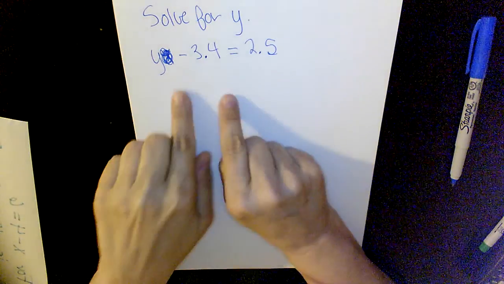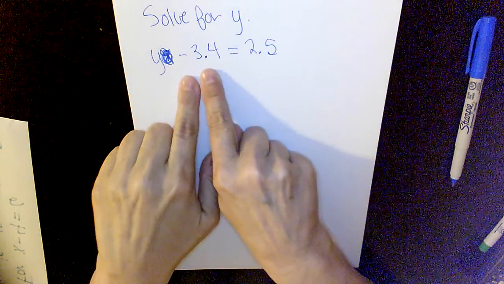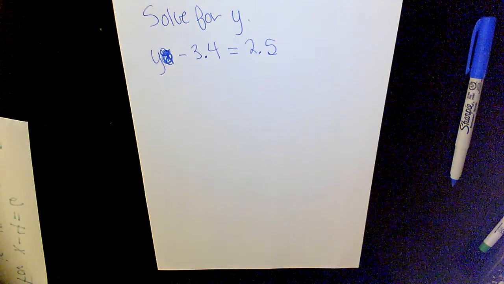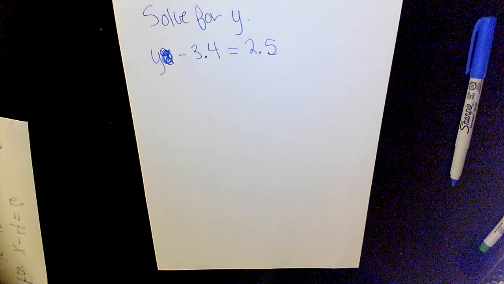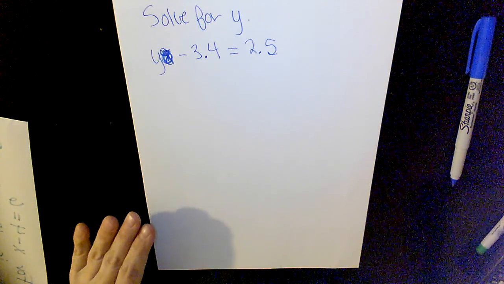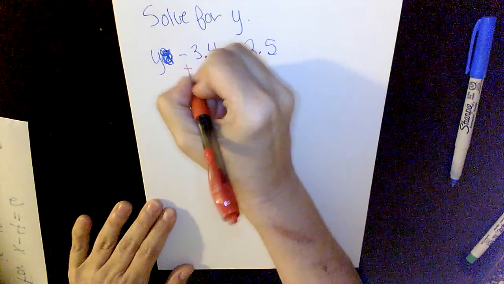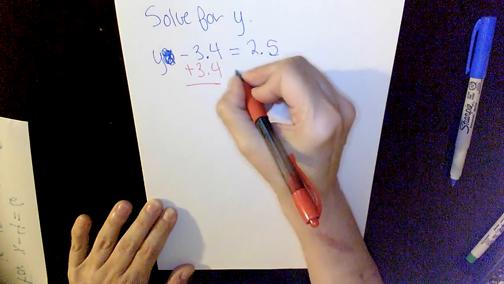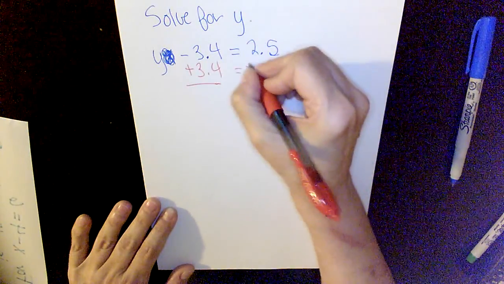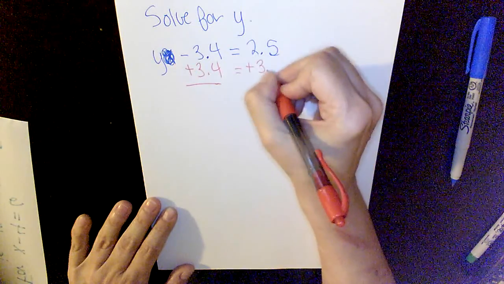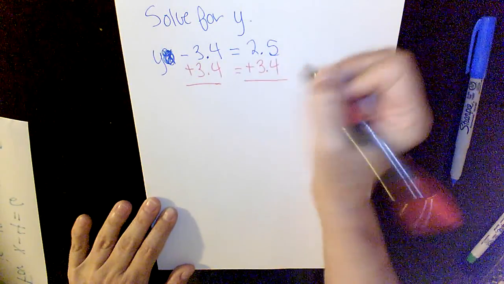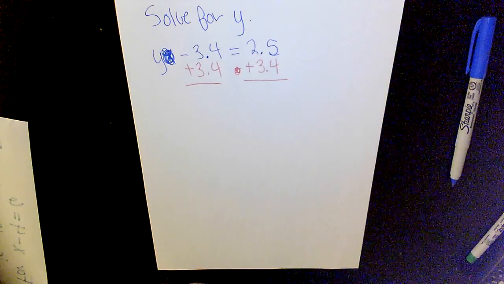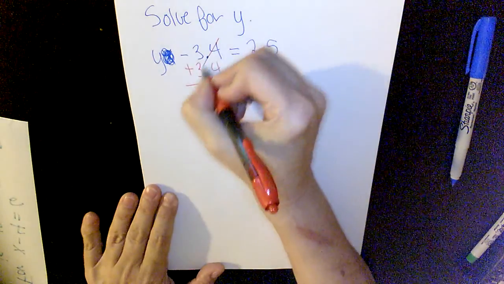So I have a minus 3.4. I'm subtracting 3.4. What's the opposite of subtracting 3.4? Well, I want to add 3.4. And what I do to one side, I've got to do to the other. Okay, so these 3.4s drop out.